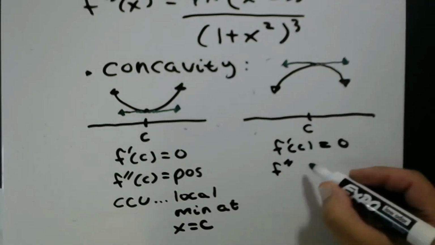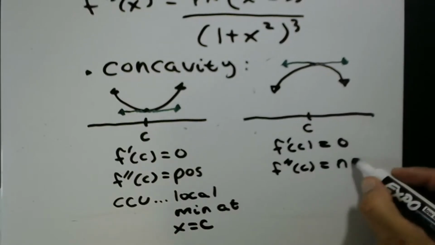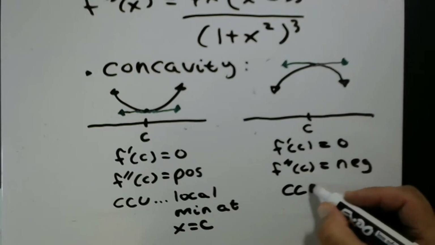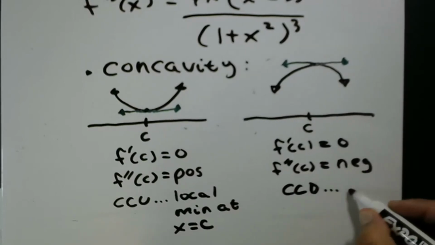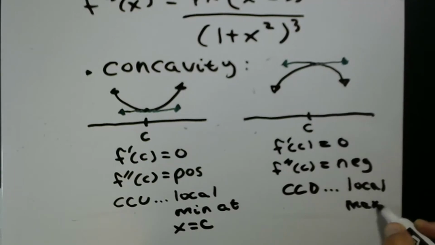But if the second derivative at this critical point is negative, then we have concave down, and that means we have a local max at x equals C.